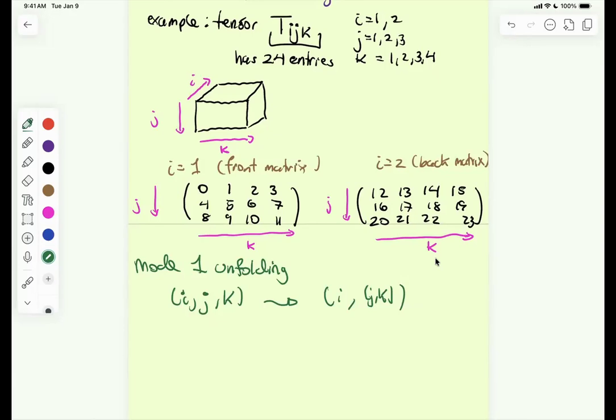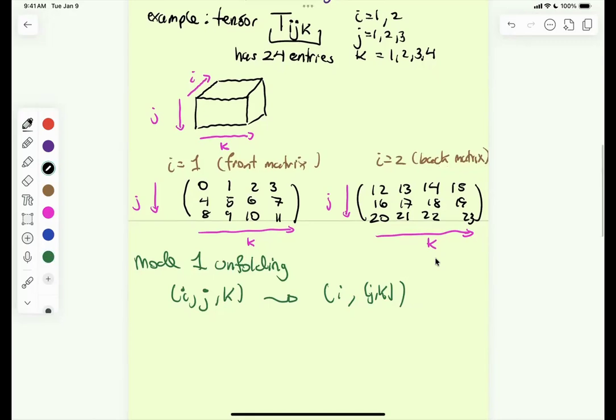So in this interpretation, again, this was a 2 by 3 by 4 tensor, right? Because 2 entries for I, 3 entries for J, and 4 entries for K. So in this way, it's going to become a 2, right? And then 3 times 4 is 12.